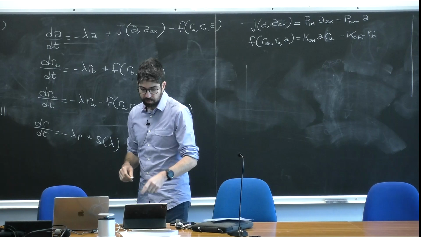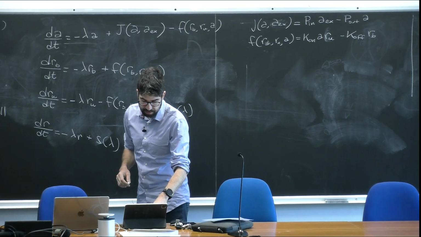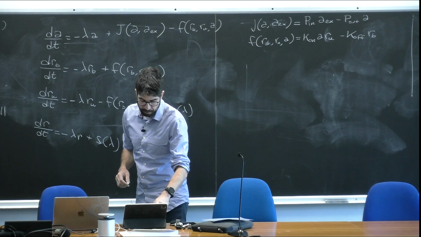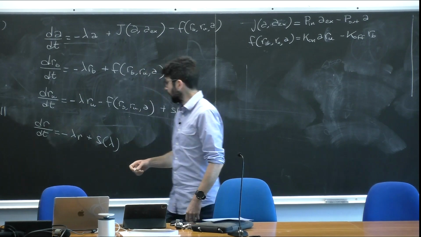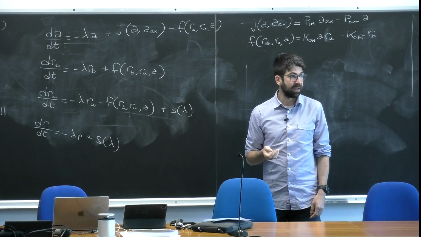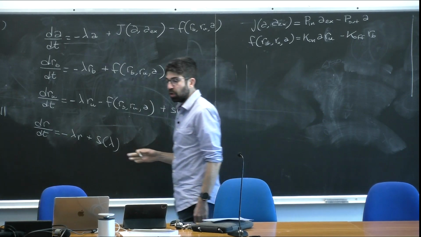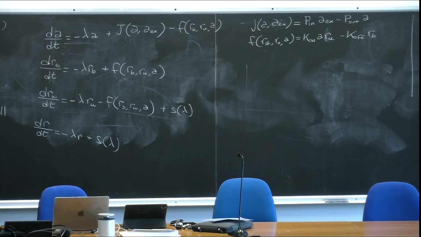Now, everything is sort of specified except this lambda here, this S of lambda. Okay? How do we specify this S of lambda? We know that whatever this S of lambda is, it is such that this condition holds. Right? This is what we know. We know this steady state.